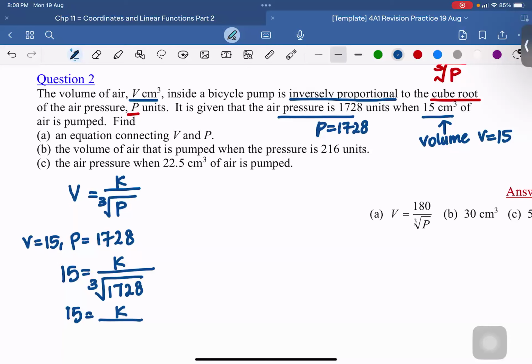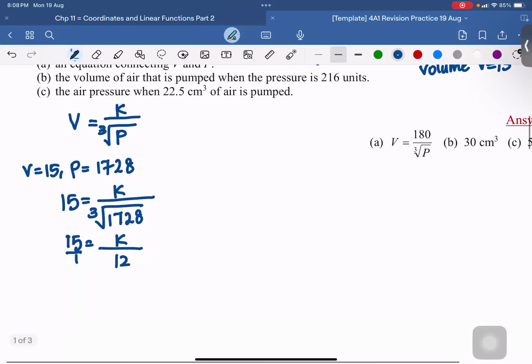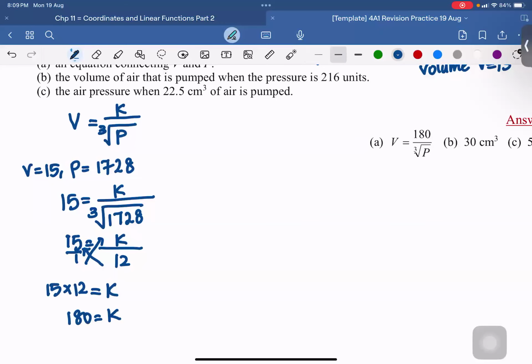Cube root, shift the square root symbol. This will give you 12. Now to find the value of K, we cross multiply, so K equals 15 times 12. That gives you the number 180, the value of K.